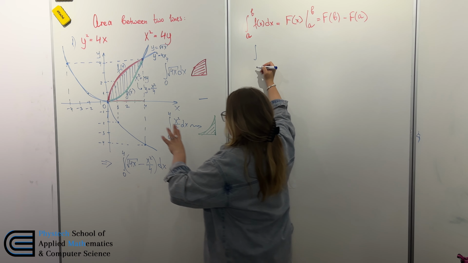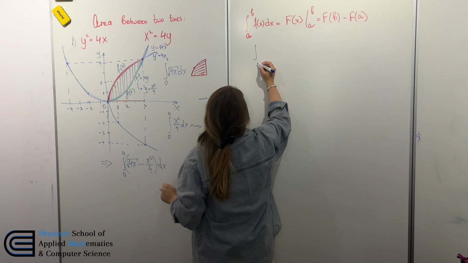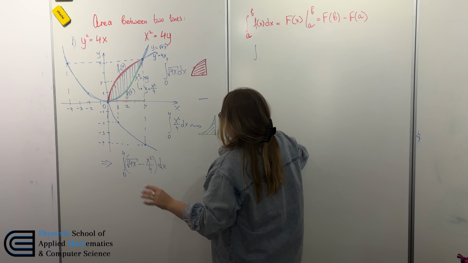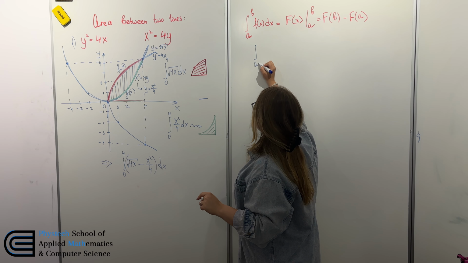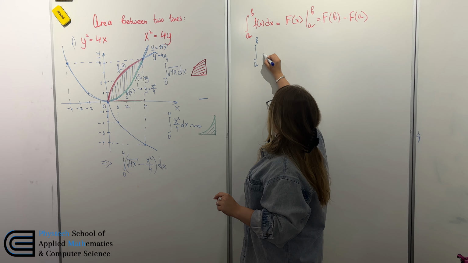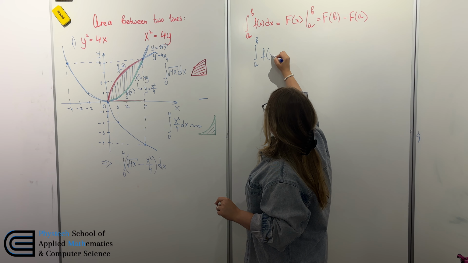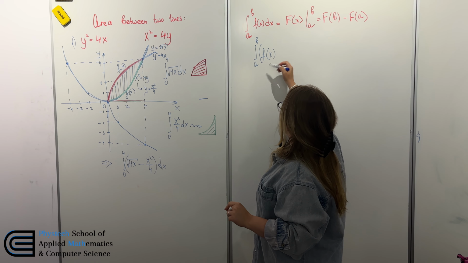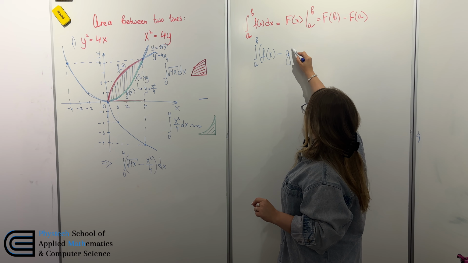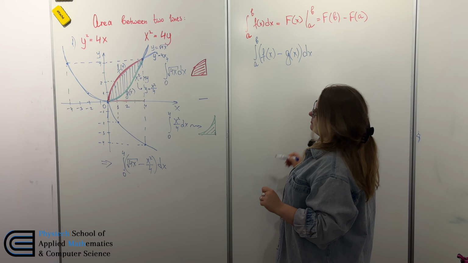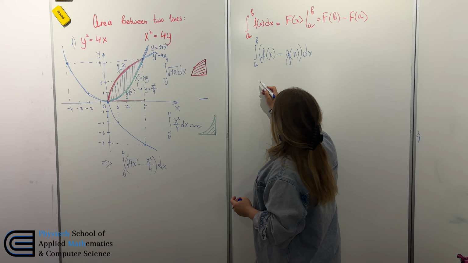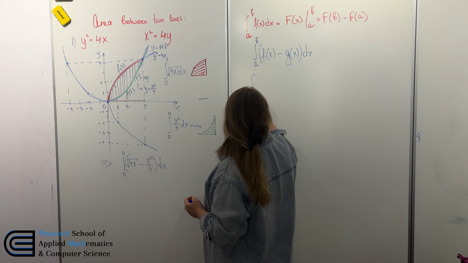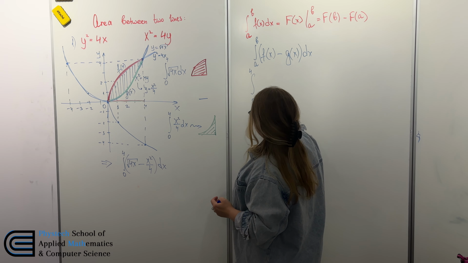Integral between our 0 and 4, or in the common situation between a and b, and we need to write here function f minus function g dx. So, like we did here. Now we can calculate our area.